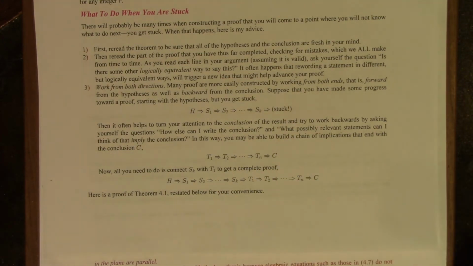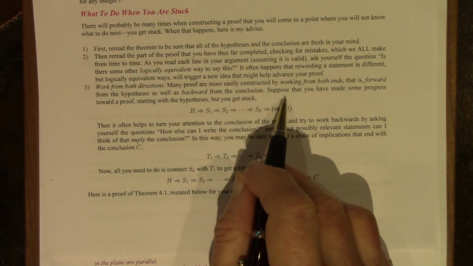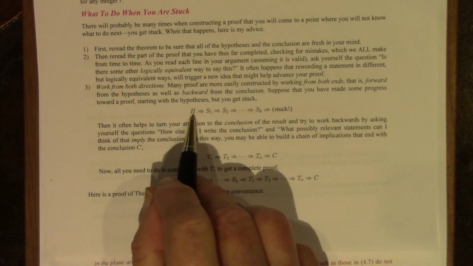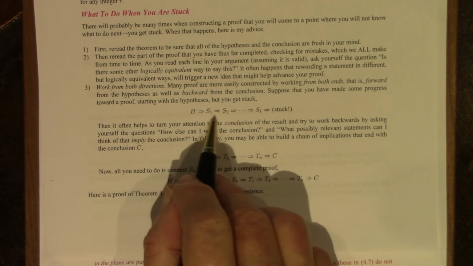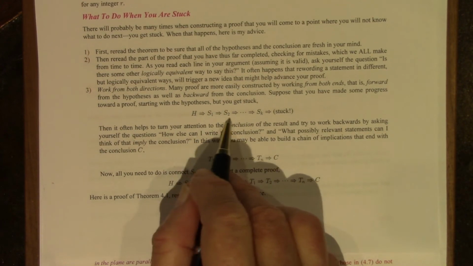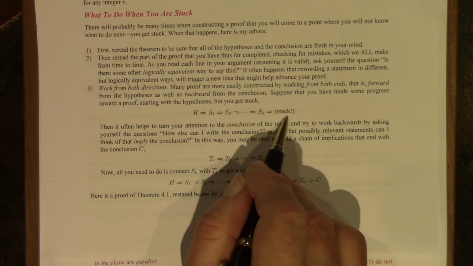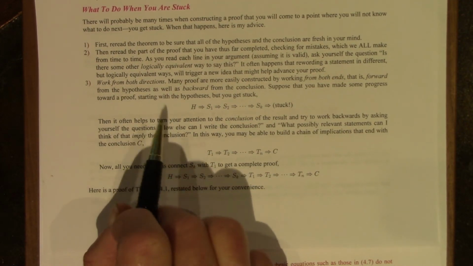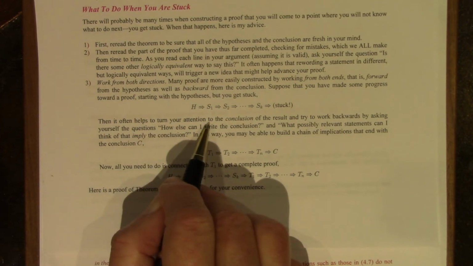I'll give you an example in a minute, but the general idea is, suppose you have started with the hypotheses and you've made some progress. So you've written a partial proof and then you get stuck. If this happens, and it will, turn to the conclusion.